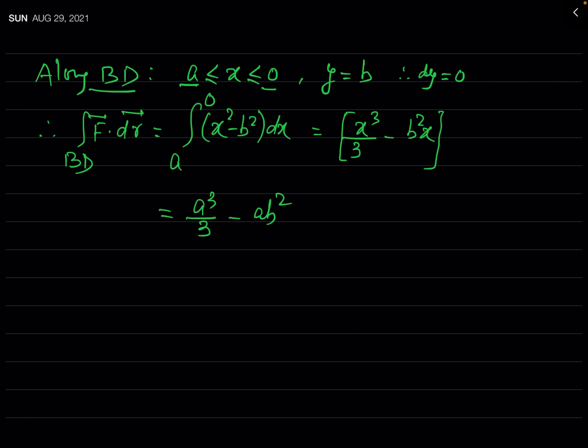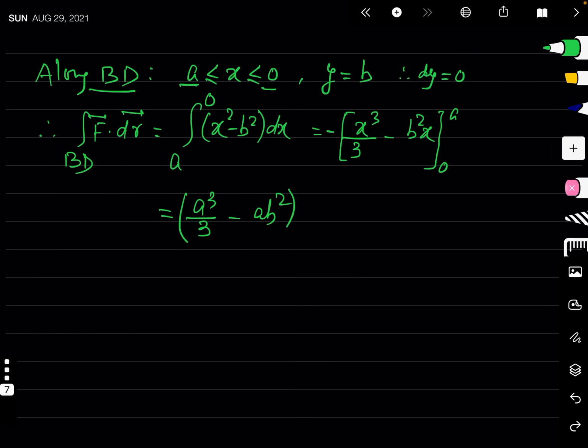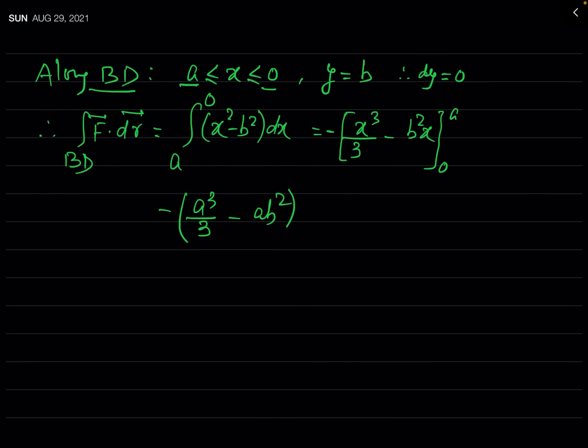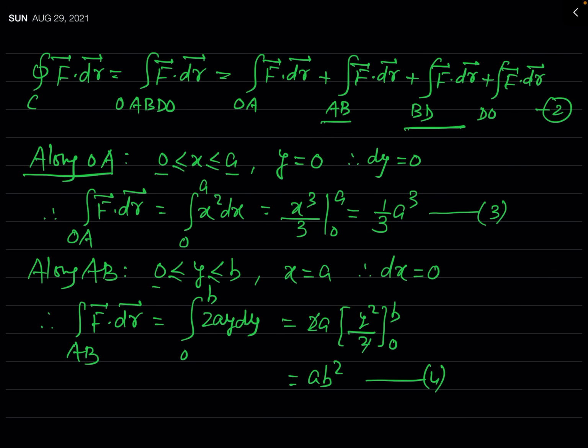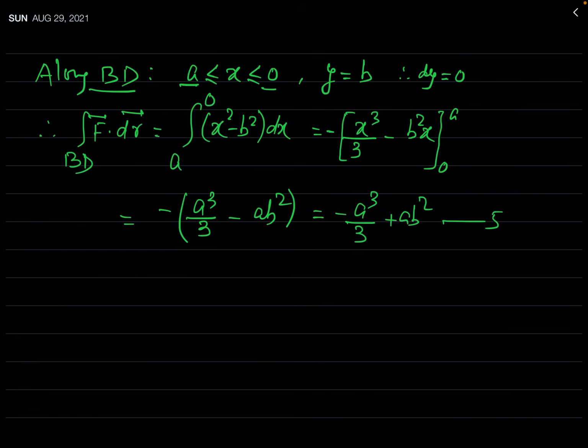So you can take a minus sign and then make the limits 0 to a. Then this will be minus this much, and that will be equal to minus a cube by 3 plus ab square, and this is equation number 5.